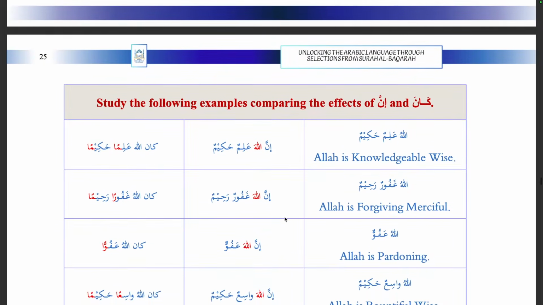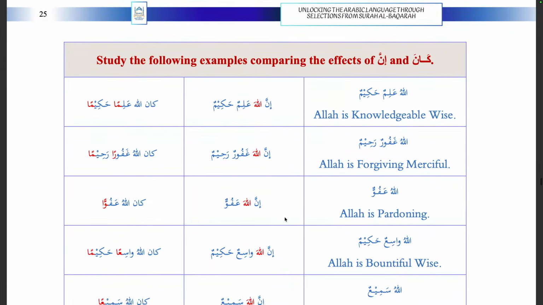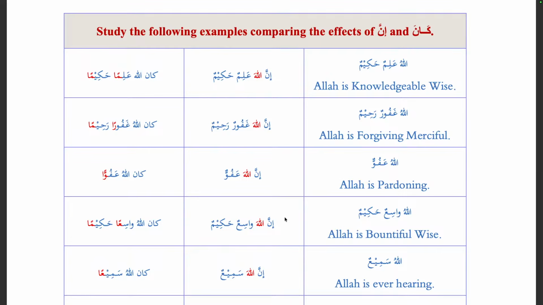Study the following examples. Compare the effects of inna and kana. So with this lesson, no one should mix up the ending of the verses. We did inna before, right? When we did means of emphasis.